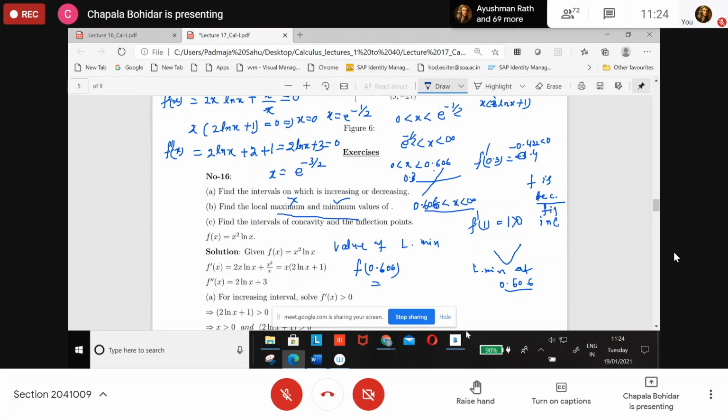So you find out 0.606 square, then ln of 0.606. What is the value? You find out.